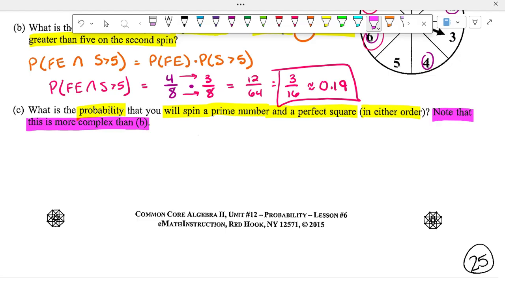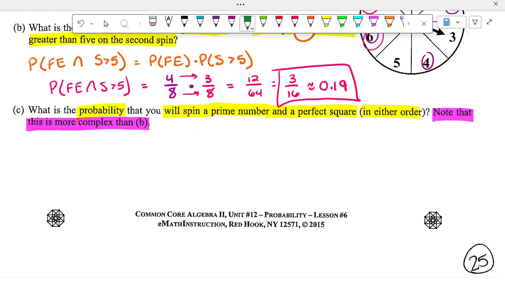You'll spin a prime number and a perfect square, but in either order. So in other words, we've got to check the probabilities of them happening if we switch the orders. If they're the same, that'll be about what it is. Otherwise we've got to do a bit more with it.